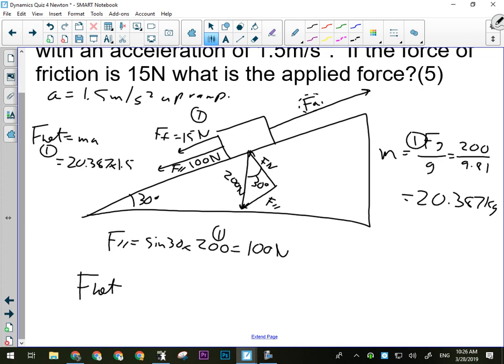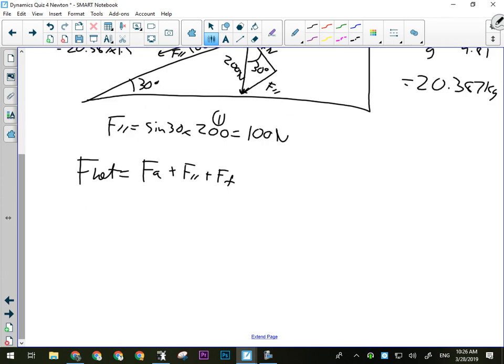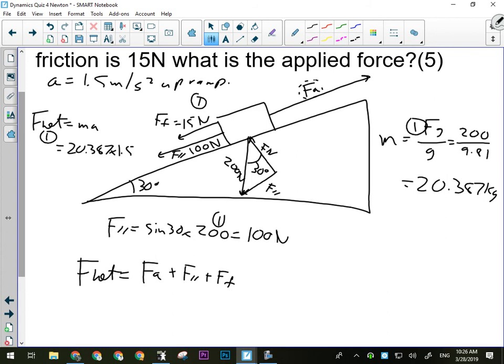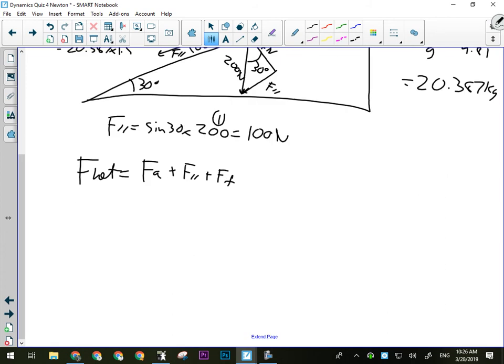Next step, if I'm going to find the applied force, I need to know the sum of all forces. So that's going to be the applied force, which is what I'm looking for, plus F parallel, plus the force of friction. Since I'm looking for the applied force, I'm going to manipulate like this. F net minus F parallel minus the force of friction will equal the applied force.